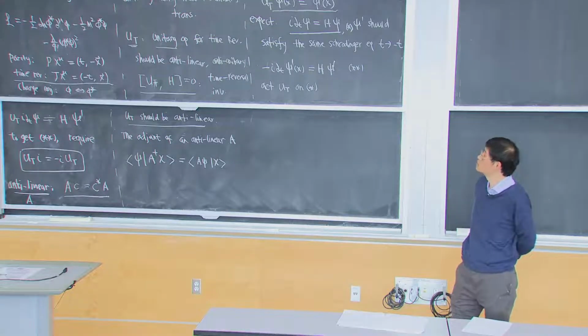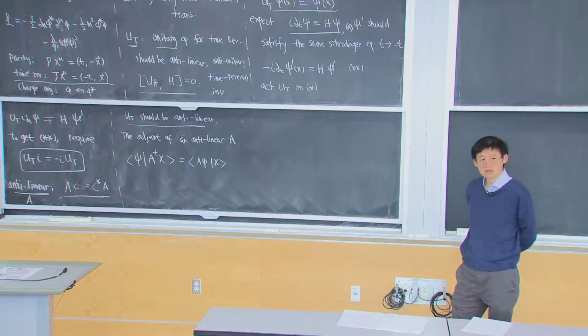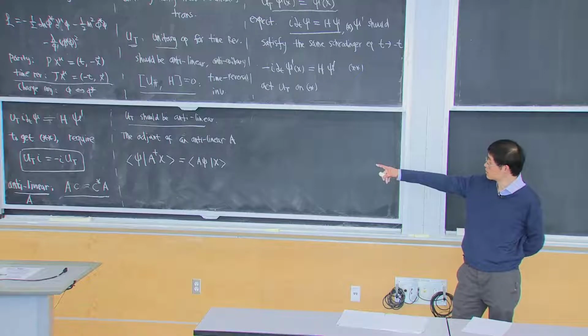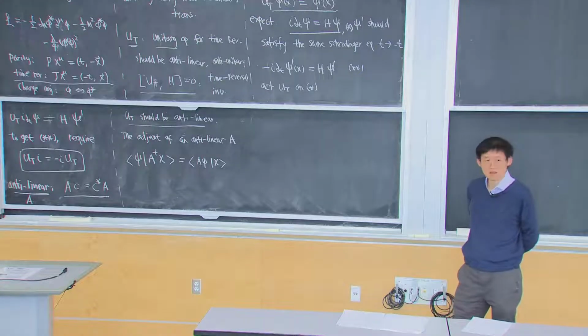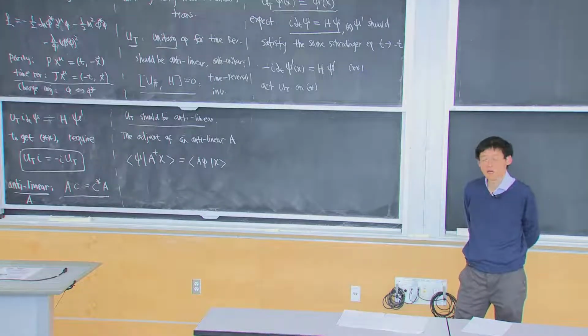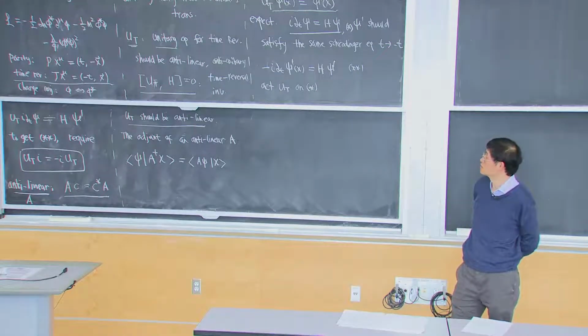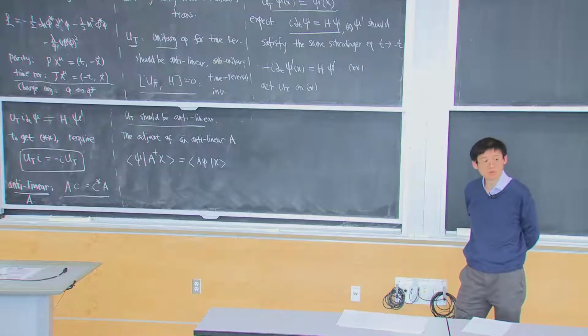You can also do that, it just does not work as well. It's much easier to just make UT antilinear. For this particular equation it can work, but then you would be going against the principle that H commutes with the symmetry, which is considered the most accurate principle.